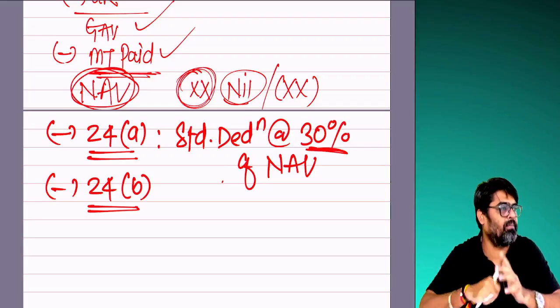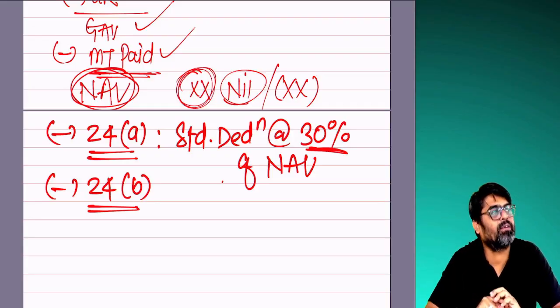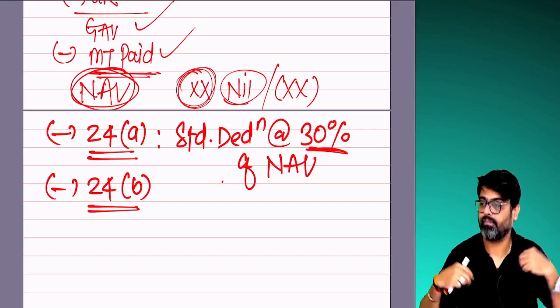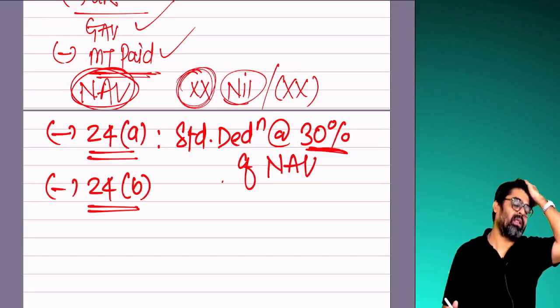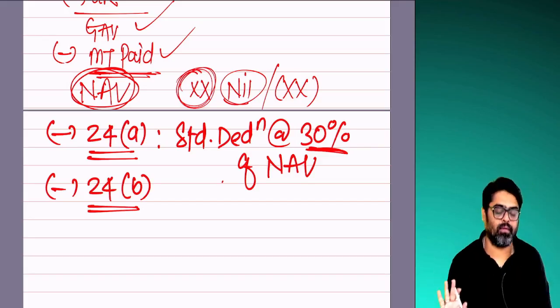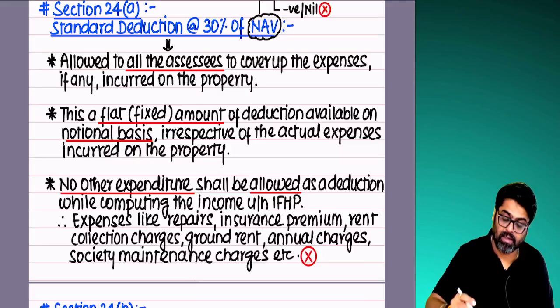Will you remember? 30% standard deduction will be available from NAV. For that, NAV must be positive. If NAV is nil or negative, standard deduction will not be available. Done. Standard deduction over.